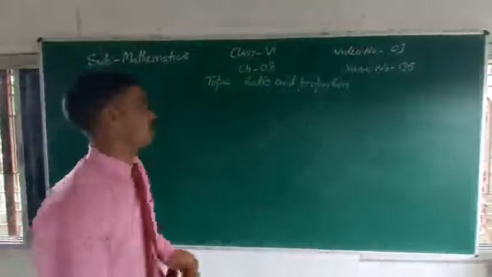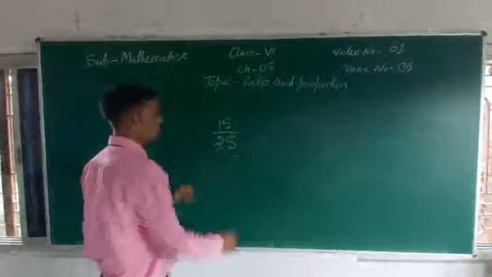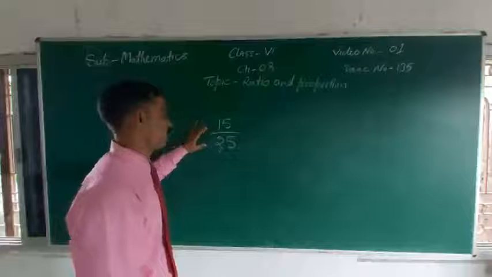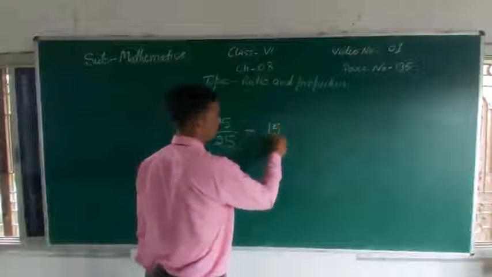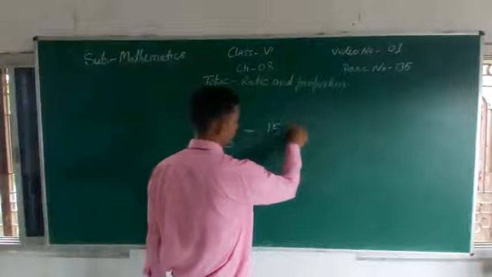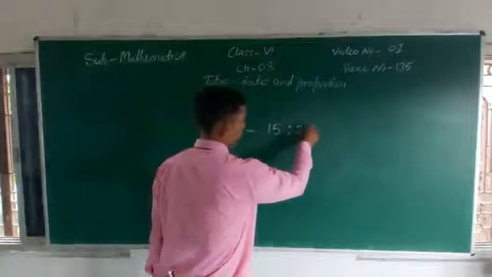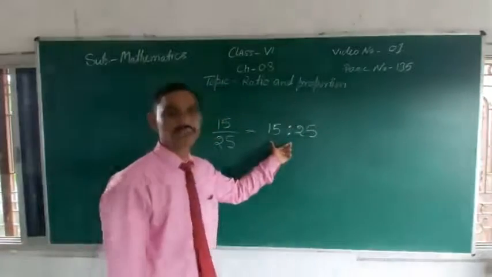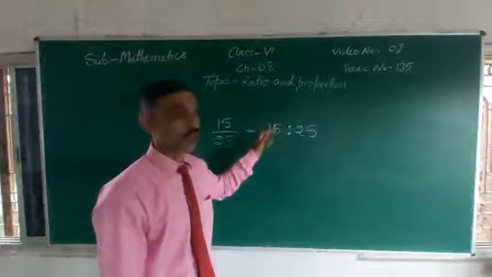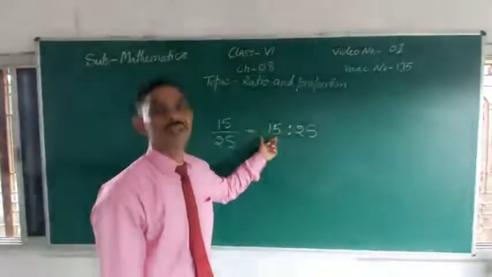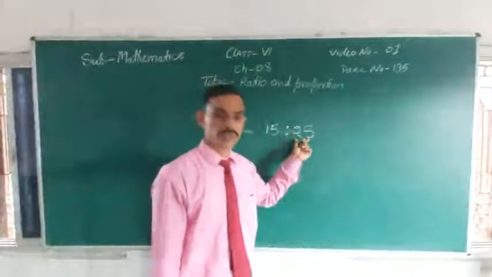Here is the term 15 upon 25, a fraction. Now this is a ratio. Now what will I do? This one is the first term, or what is its name? Antecedent. This one is the second term, or consequent.